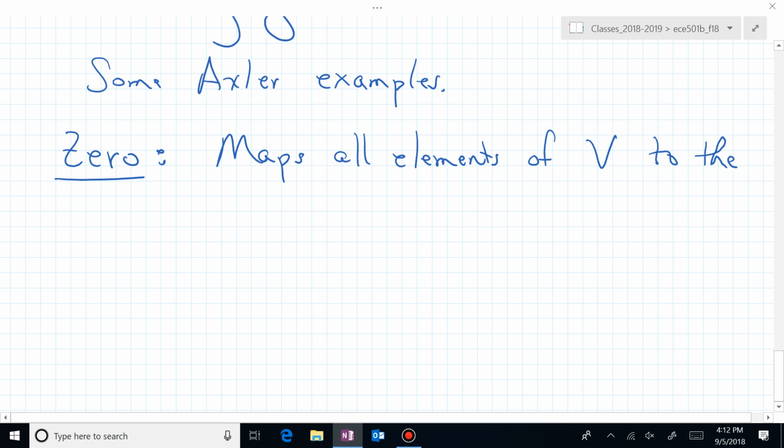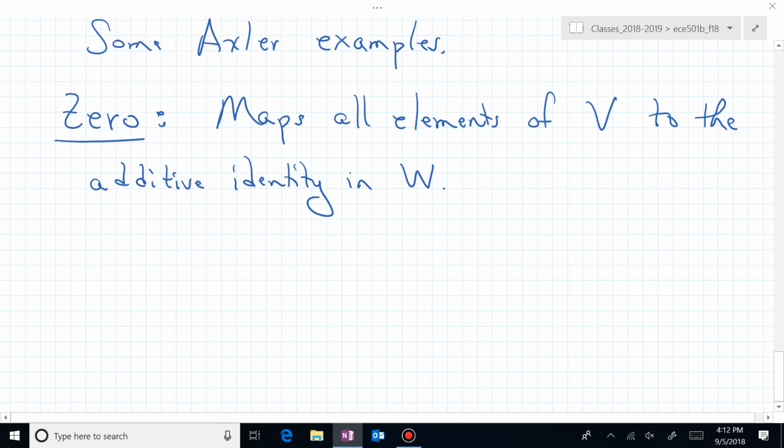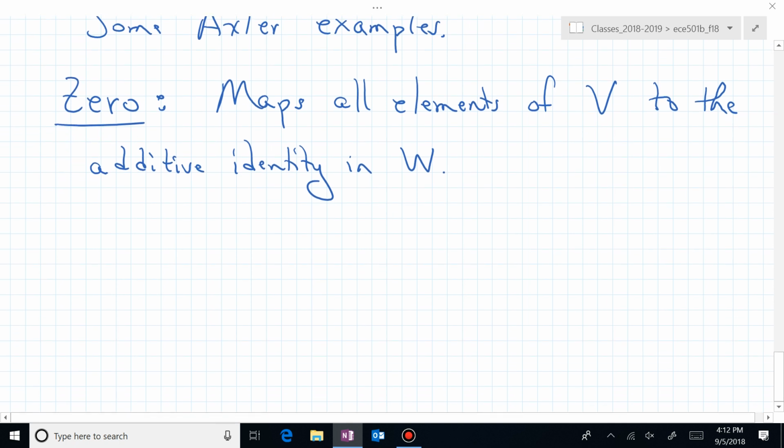So the zero map maps all elements of V to the additive identity in W. And we might write this then as OV equals O.